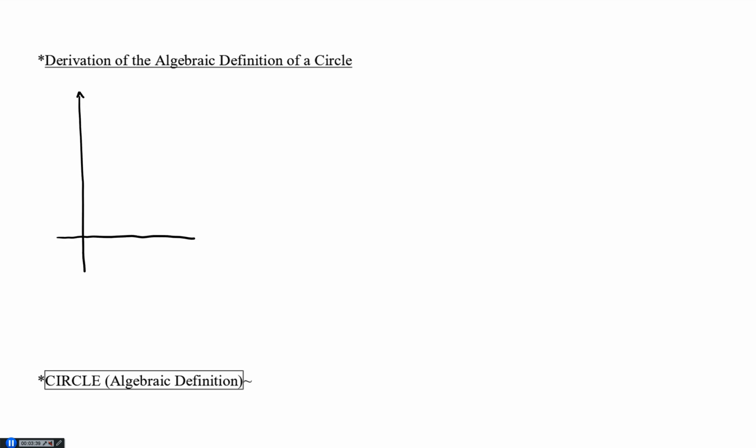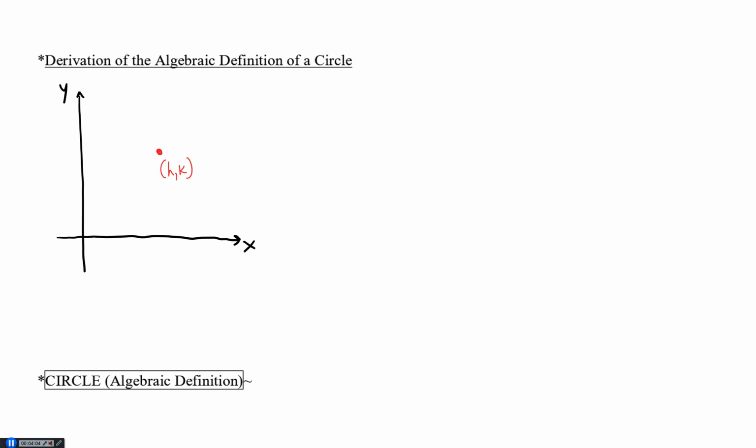I'll just do the first quadrant here. Doesn't really matter where we're at. So let's say this is our center. We're going to give the center a coordinate. So let's say we're at (h, k). So I'm going to call the first coordinate h and the second coordinate k. And then that's the center of some circle.